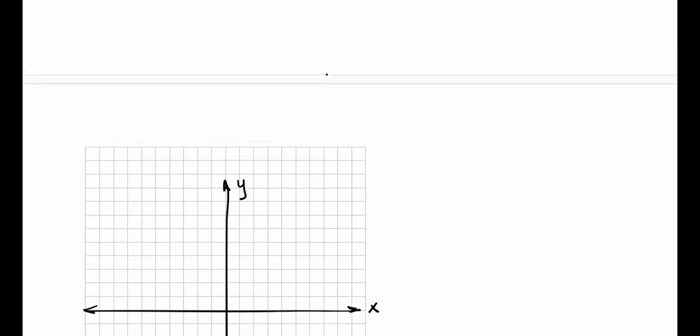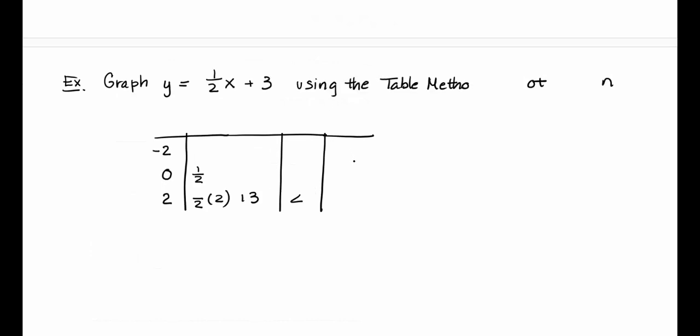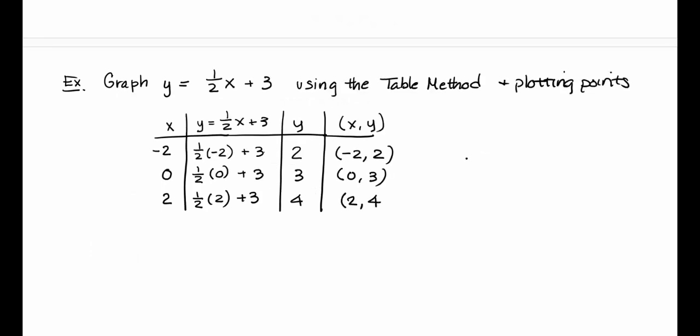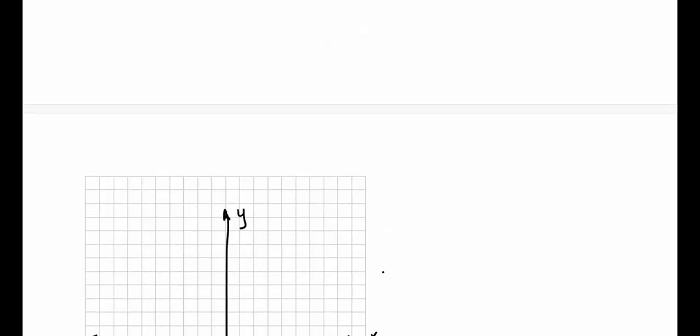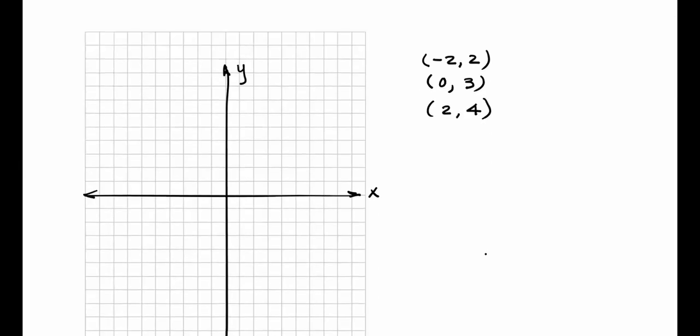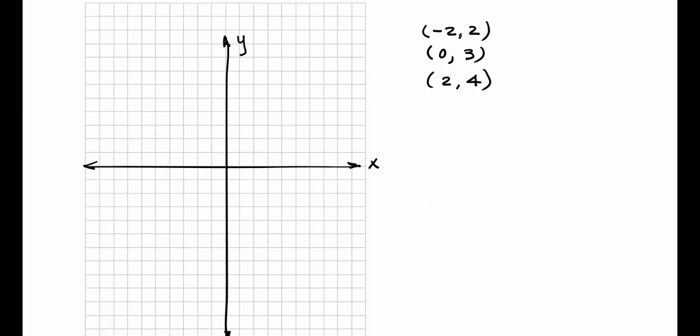And let's grab our points again, which were, let's see, the points negative 2, 2, 0, 3, and 2, 4. So let's go ahead and start plotting those points.